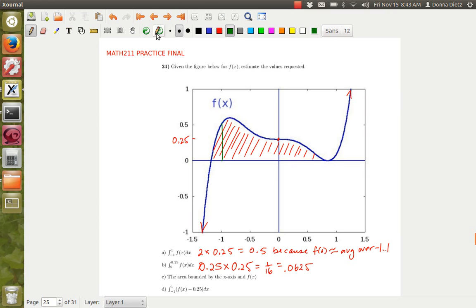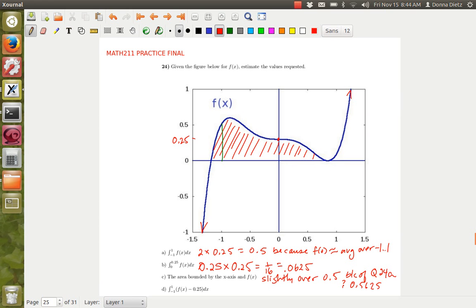So it's going to be slightly over 0.5 because of question 24A. Let's see, it's 0.5, maybe the average is 0.25 times another 0.25, so maybe it's a 16th. So maybe it's 0.5625.